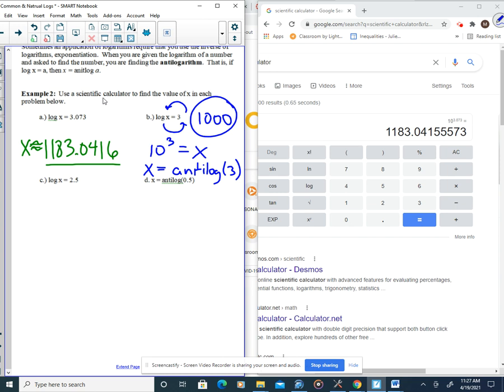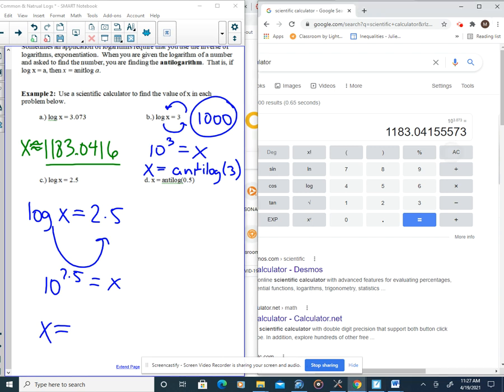Alright, so let's do C together, and now I'll let you try to do D. It says log of x is equal to 2.5. So we're going to go 10 to the 2.5 power is equal to x. So what does x equal? So let's clear our answer.